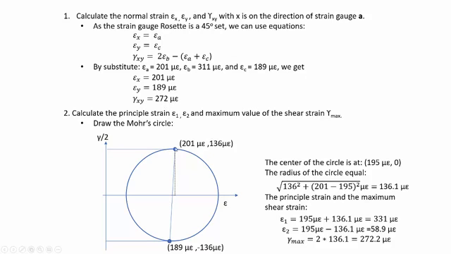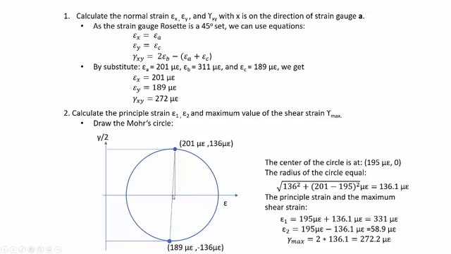That's the first point. For the second point, we use epsilon y on the x-axis, that is 189, and the y-axis is minus 136 mu epsilon. Once these 2 points have been established, we draw a line.